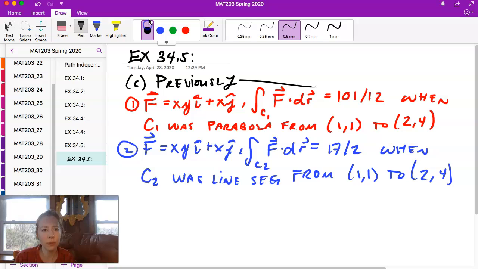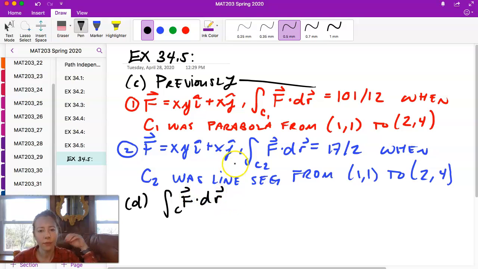And so one more part here that we're going to look at. I want you to just think about why these results from part C tell us we can't use the fundamental theorem of line integrals to calculate the line integral of f dot dr across these two different curves, right?